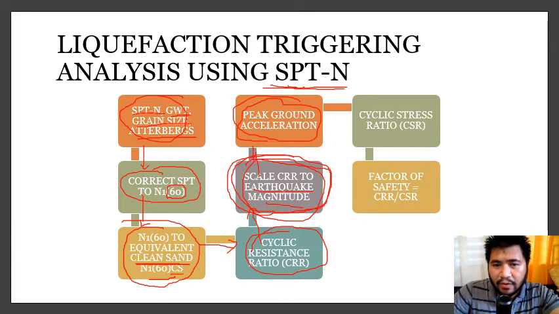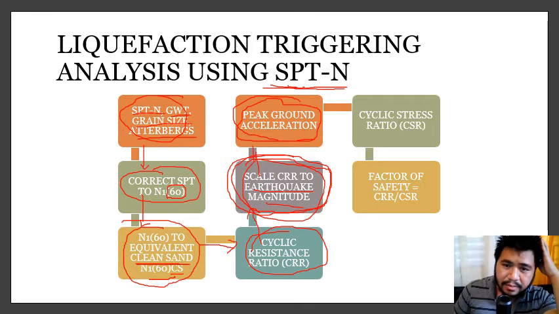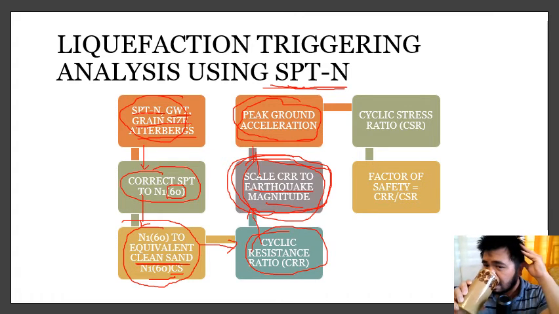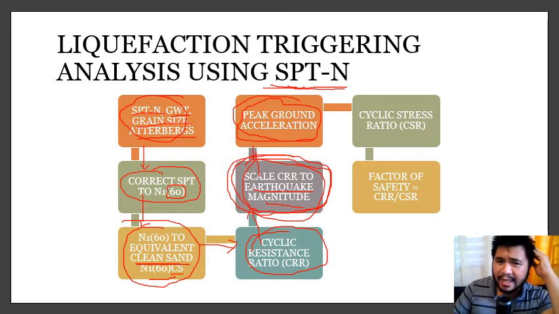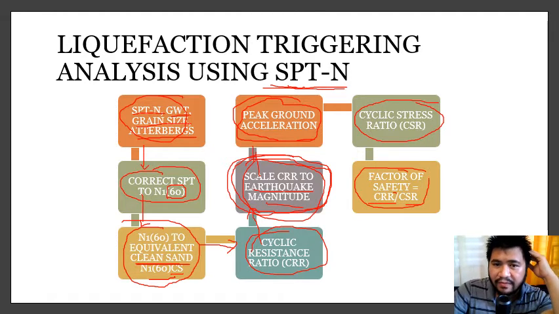We discussed this before in the previous lectures using the Fukushima and Tanaka, basically calculating all the possible earthquakes and looking for the biggest PGA. After that, we can convert the PGA into the cyclic stress ratio. And finally, we just have to divide the resistance by the stress, and you will get a factor of safety against liquefaction. So if the factor of safety is less than or equal to 1, then you get liquefaction.